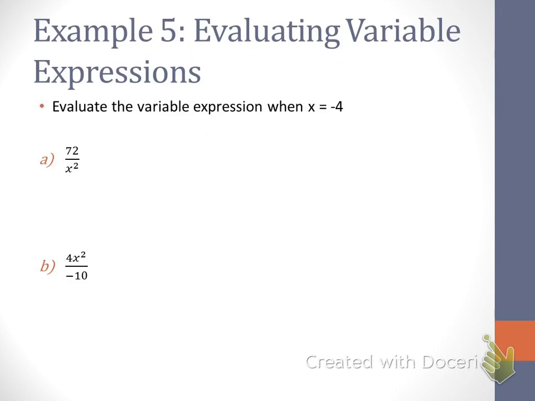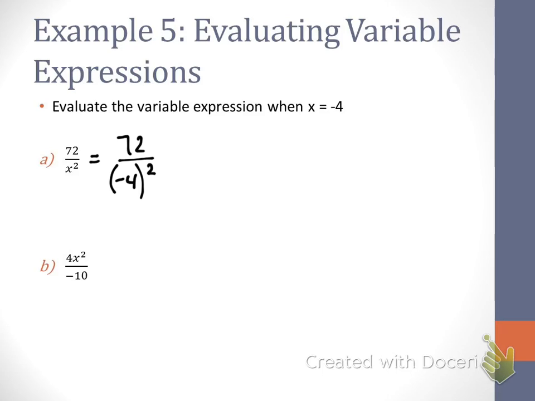Then, one more example, example 5, we're evaluating variable expressions. Substitute the value for the variable and solve. 72 divided by -4 squared. You need to put -4 in parentheses because that means that I'm multiplying -4 by itself.